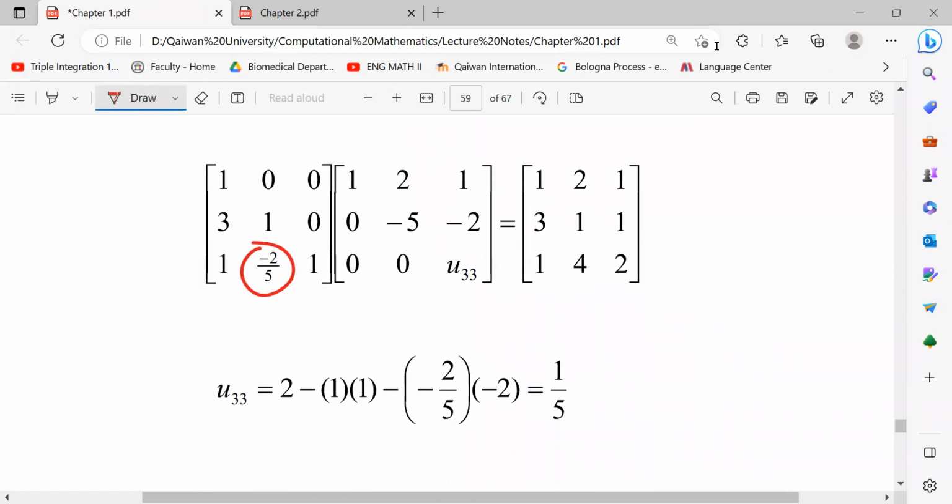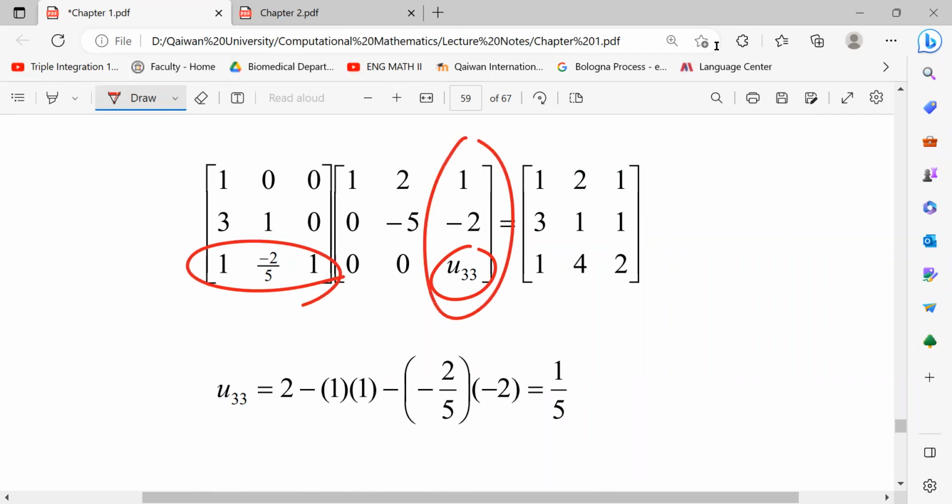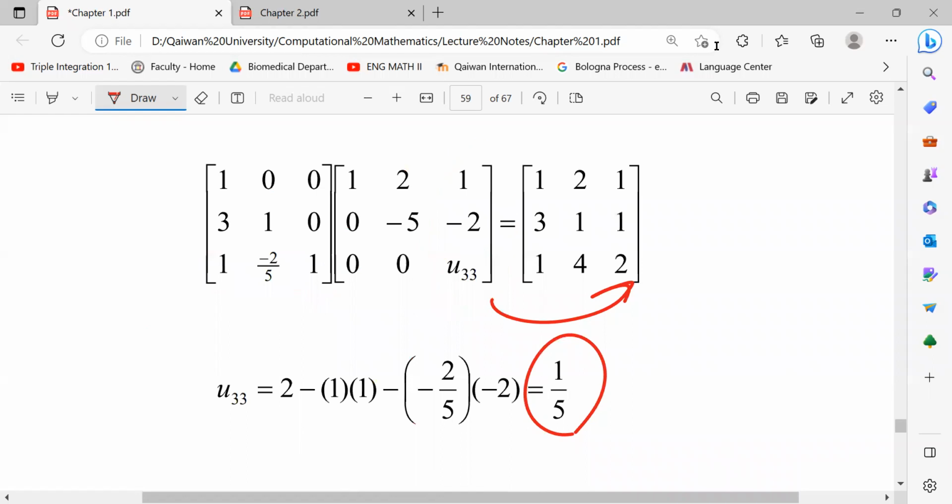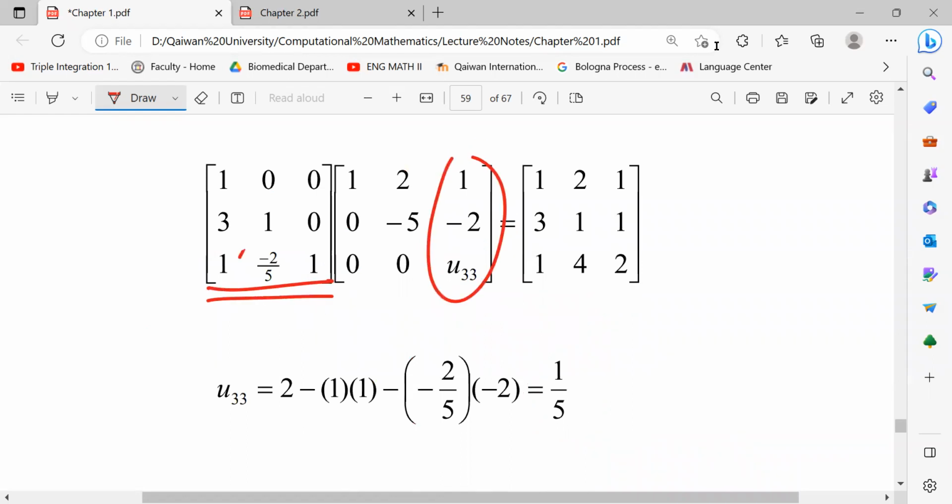Then for this one, we multiply the third row by the third column. 1 times 1 is 1, plus -2/5 times -2 is plus 4/5.